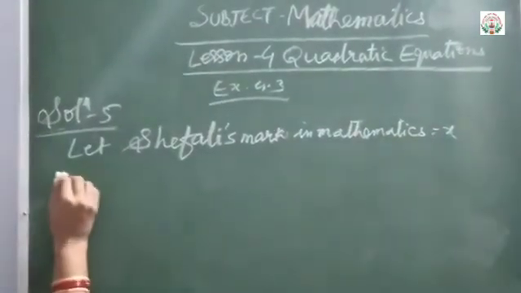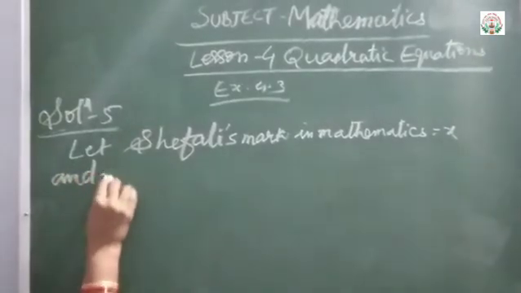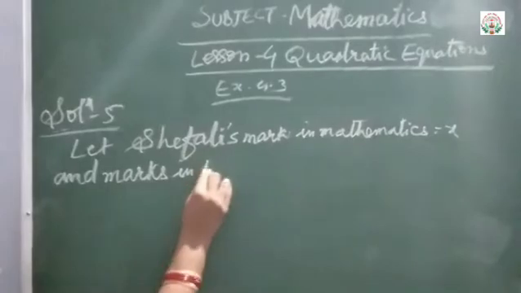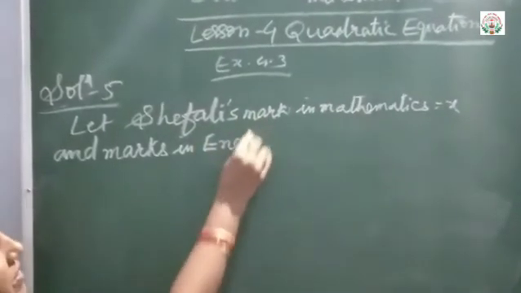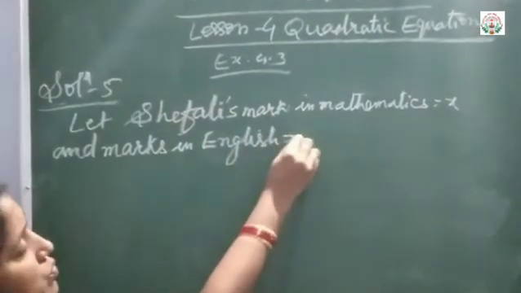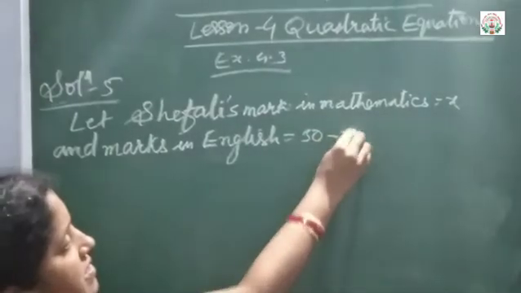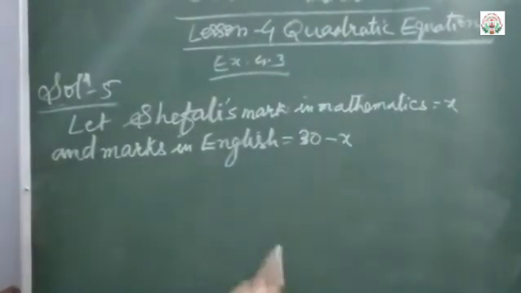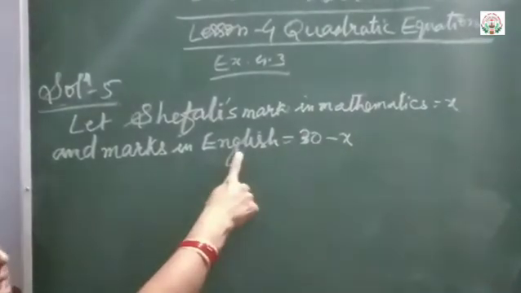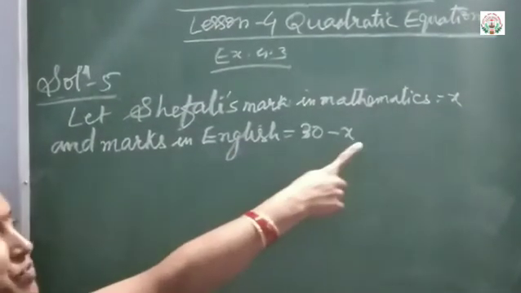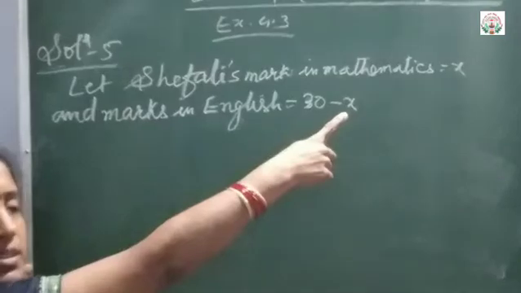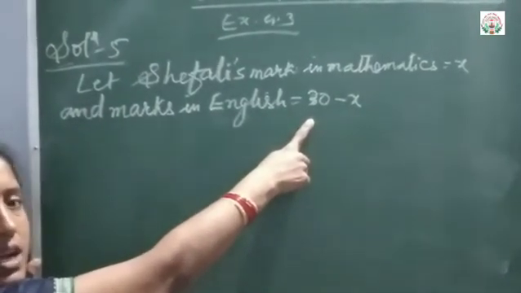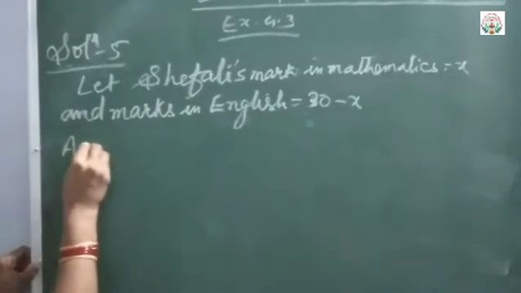Okay, and marks in English equals to 30 minus x. Okay, 30 minus x, because the sum of mathematics and English is 30. If one we know that it is x, the other one will be 30 minus x. Clear? After that, according to the question, what is given?